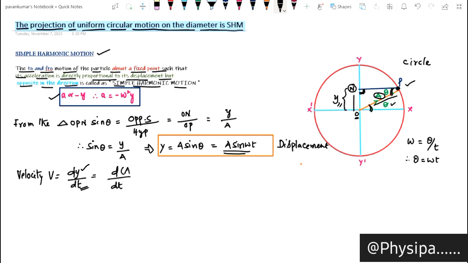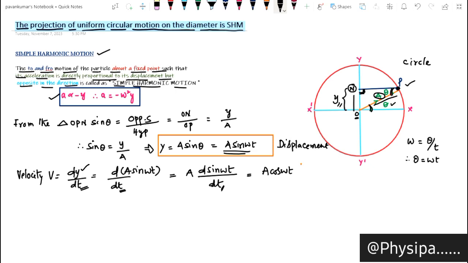While differentiating with respect to time, the terms which do not contain time are constants, so we get A into d sin omega t divided by dt. Now differentiating sin omega t with respect to t, we get A into cos omega t.